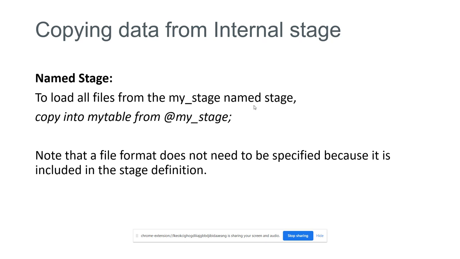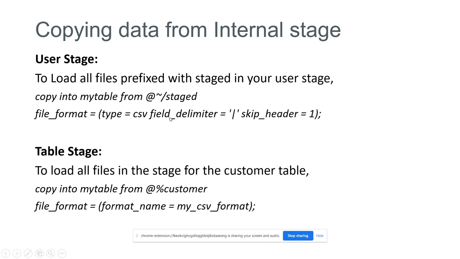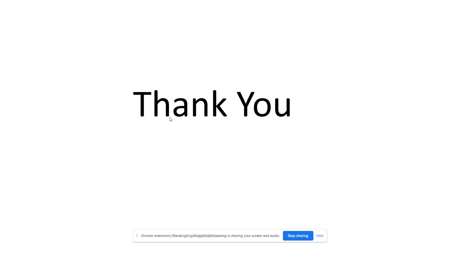I explained in the previous session that we can mention the file format while creating the stage. That's why I haven't given any file format object here. So the syntax is almost similar, only the at the rate tilde and at the rate percentage will change. So this is about internal stages in Snowflake.